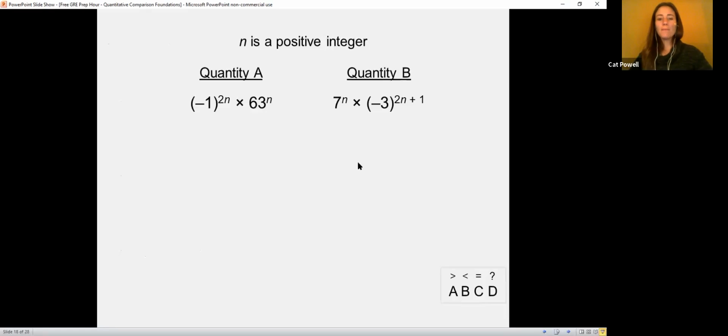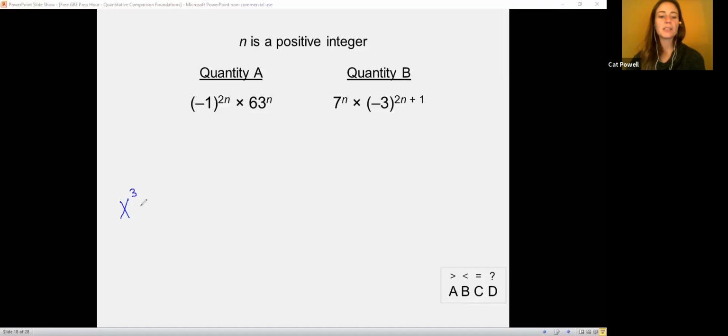So just take a moment and look at it and think, is there anything you notice here that might be useful? Yeah, there's definitely something going on with the exponents. And with the plus one. Yep. So we've seen something tonight, right? We saw some problems that had x cubed.